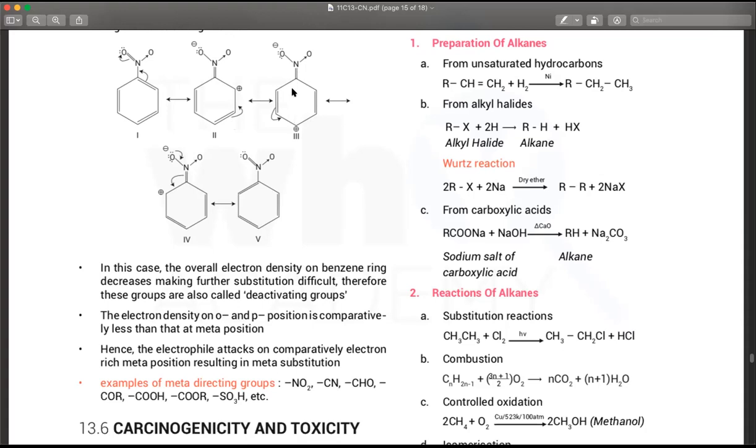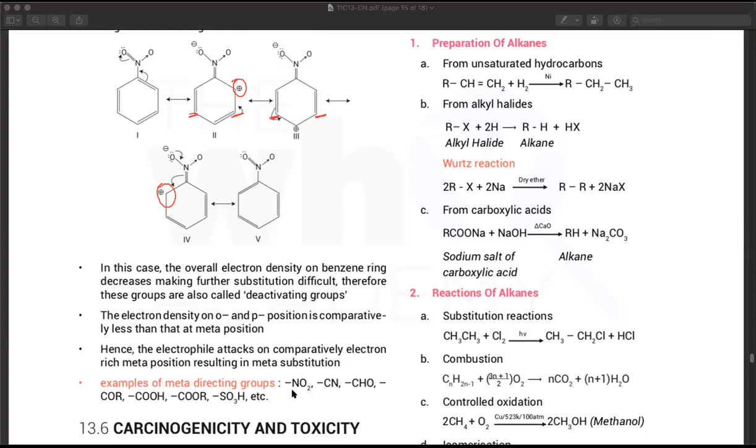It takes away the electrons from the ring. So at the ortho and para positions you end up having positive charges, which means the only electron rich areas are the meta positions, which is why deactivating groups tend to form meta products.